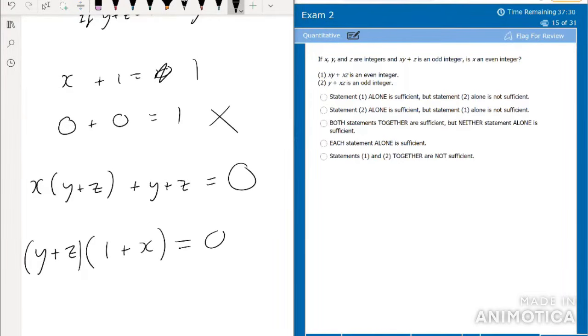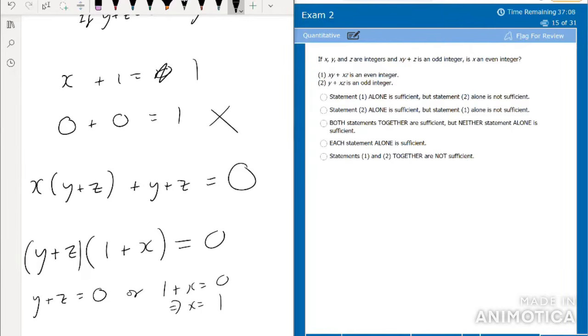So either y plus z equals 0 or 1 plus x equals 0, which tells us x equals 1 using this arithmetic.